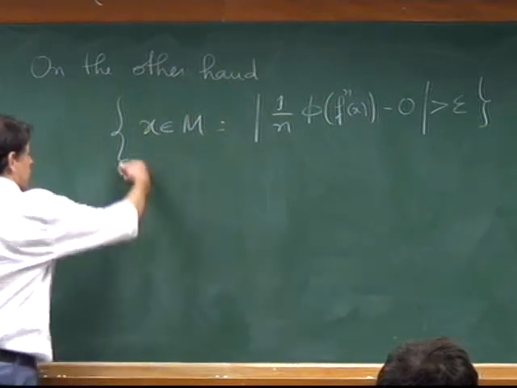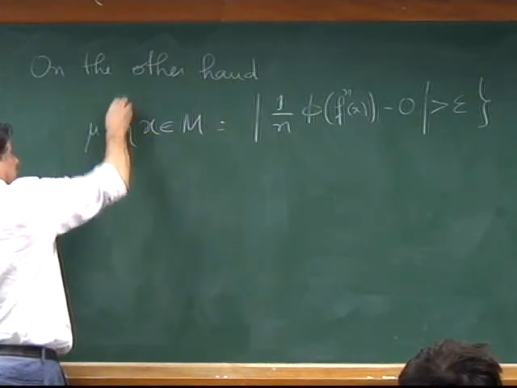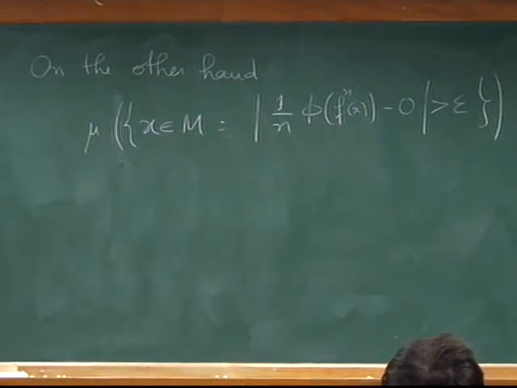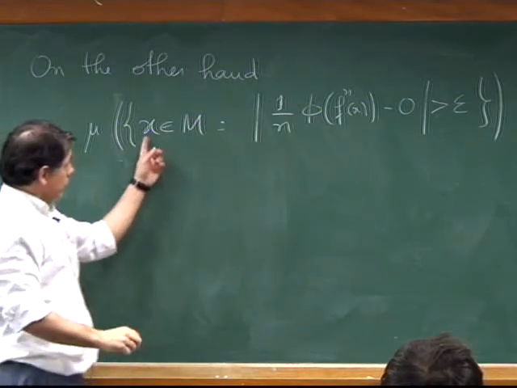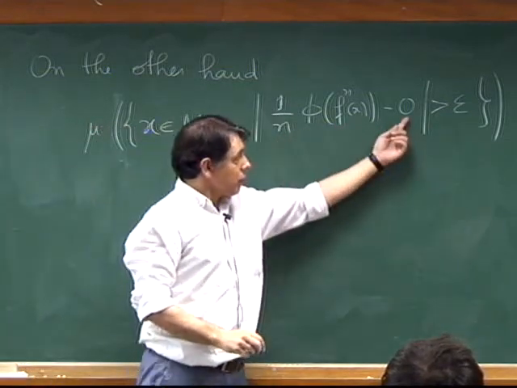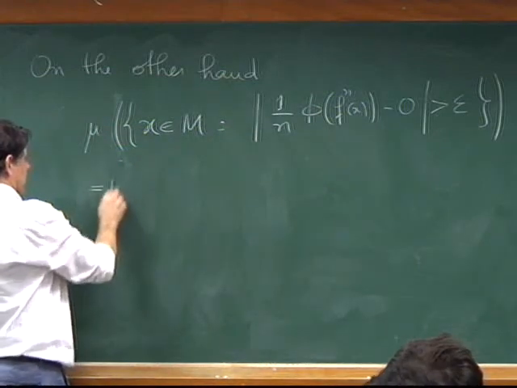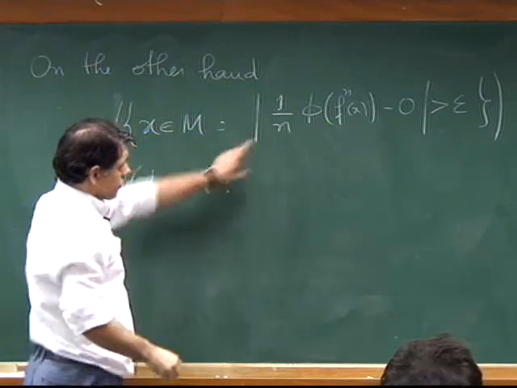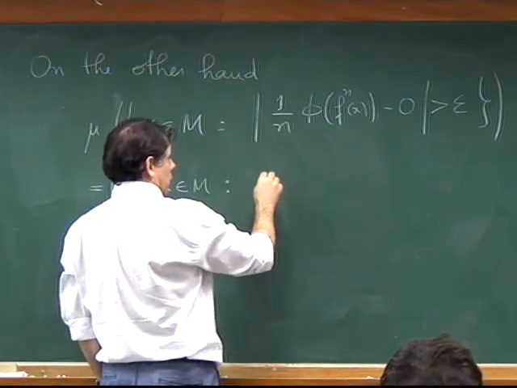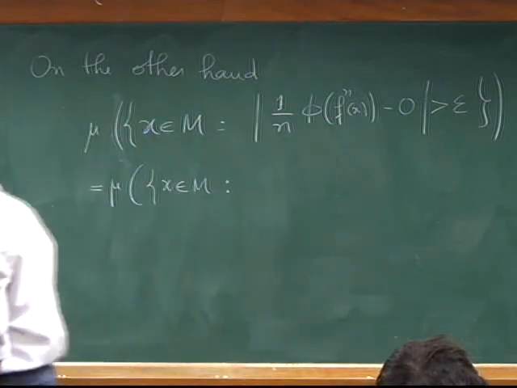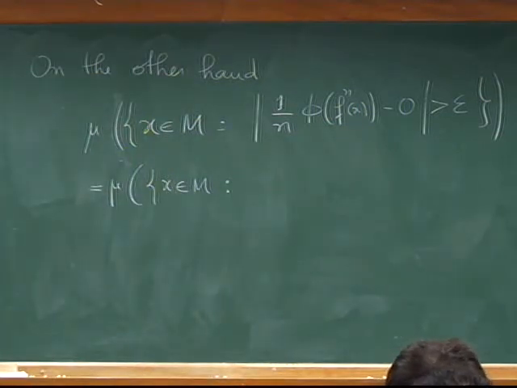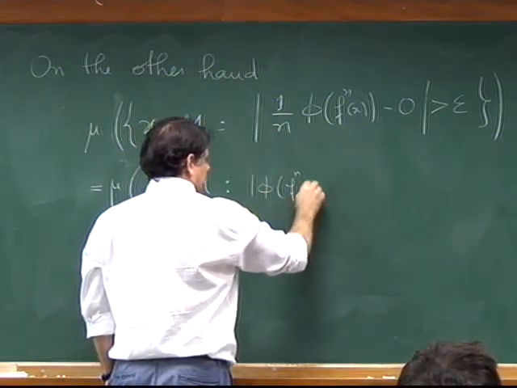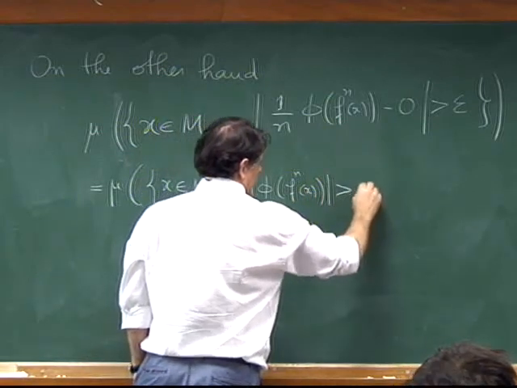If I calculate the measure of this set, I'm looking at how many points have a sequence that is far away from 0. This is the same thing as the measure of the set of points where phi f^n of x is bigger than n epsilon.